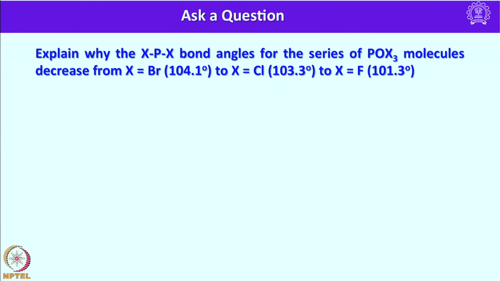So, let us look into one example here. You can see the example given here, the XPX bond angles for the series of POX3 molecules. This is a POX3 molecule.